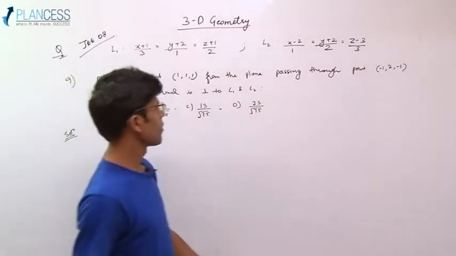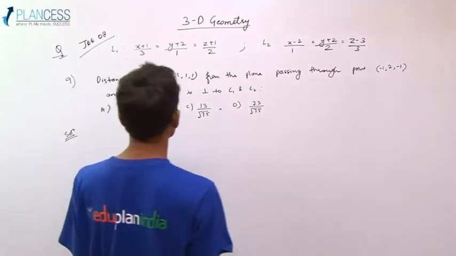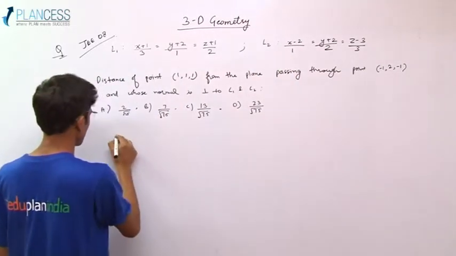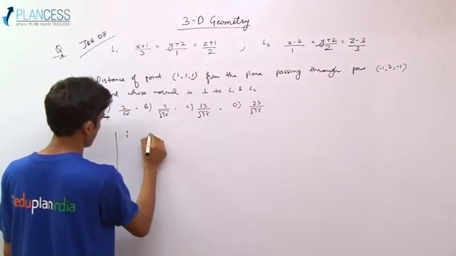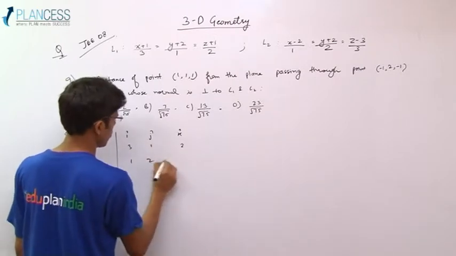Fine. If we have a point through which the plane passes, and we have the normal to the plane, then the equation of the plane can be found. So the normal to the plane is the cross product of these two vectors. So i cap, j cap, k cap; 3, 1, 2; 1, 2, 3.